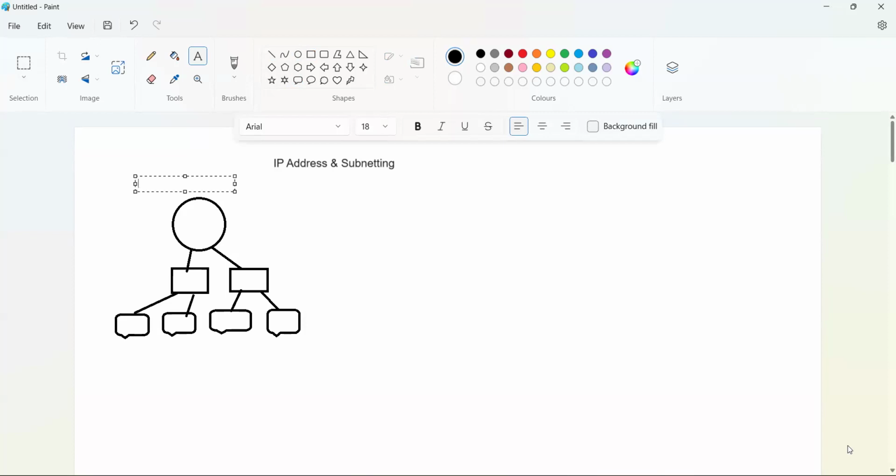I do have one network 192.168.1.0/24, and the subnet mask is 255.255.255.0. The CIDR value is for this /24.